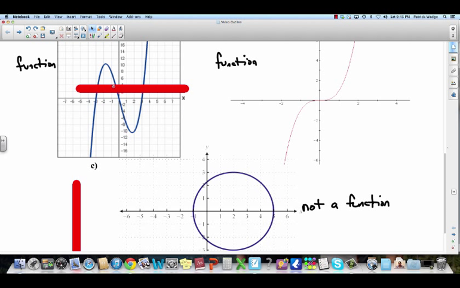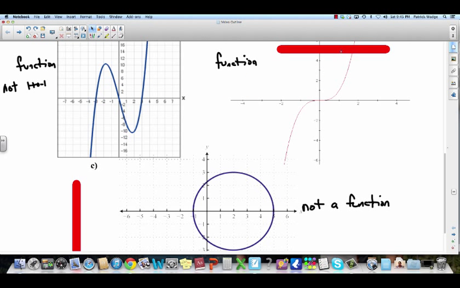Yeah, absolutely. Right now it's crossing it in 3 spots: 1, 2, 3. So this fails the horizontal line test. So this first question here is a function, but not one-to-one.